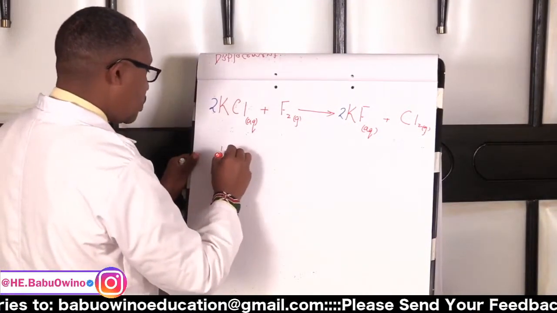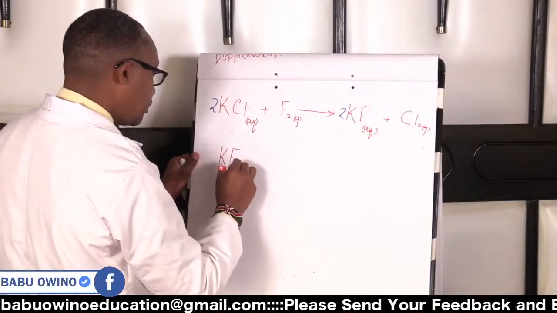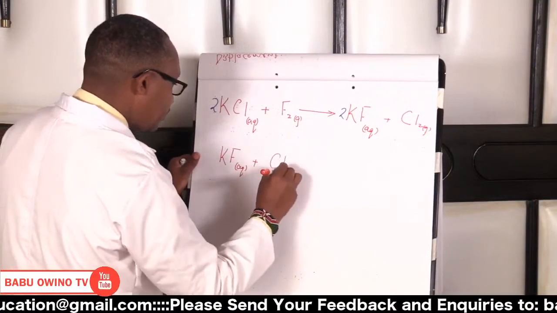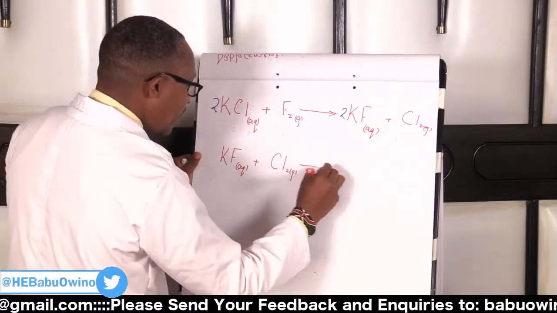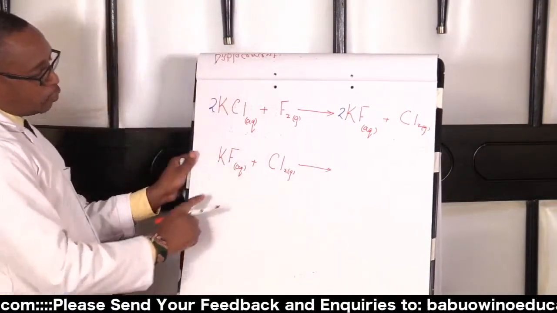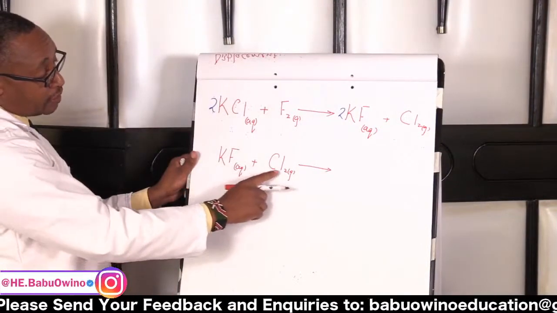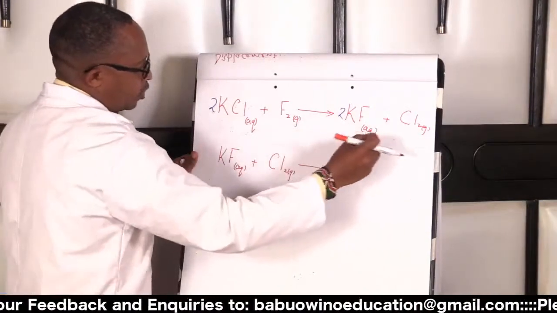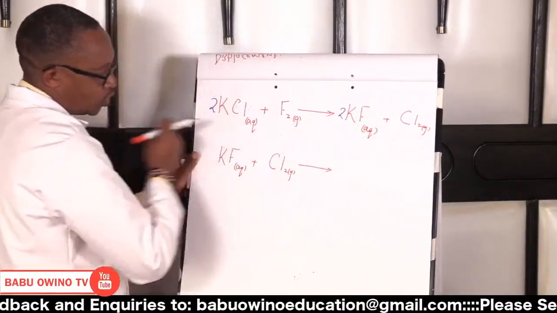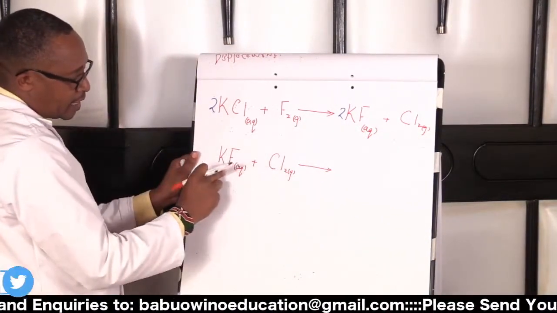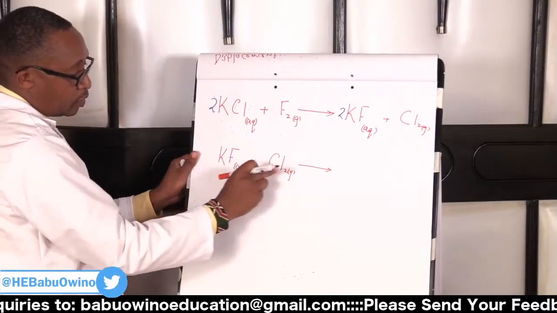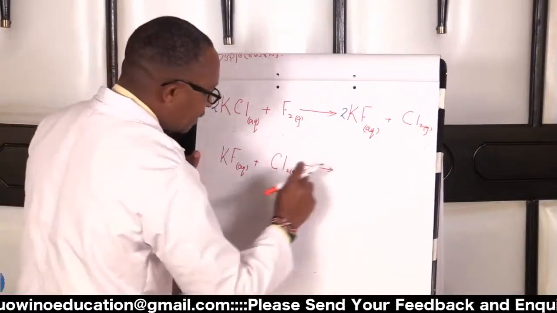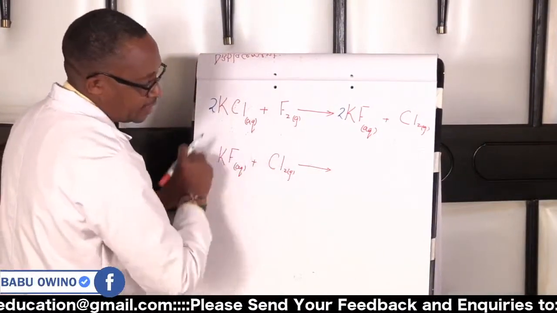If we have now potassium fluoride, you are combining it with the chlorine. Now in this case, you find that fluorine is more reactive than chlorine, and so the reaction moves this way. What would happen if we reversed it? Chlorine is less reactive than fluorine, and therefore in this case there is no likely tendency of displacement.